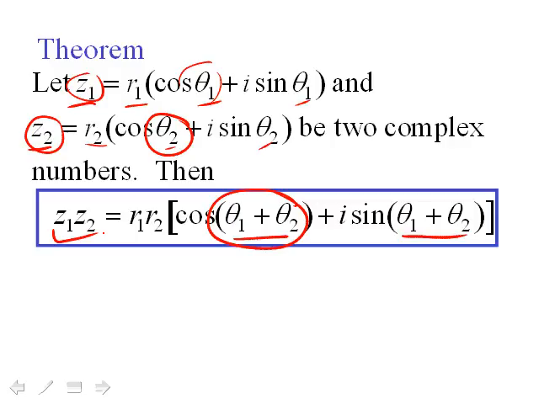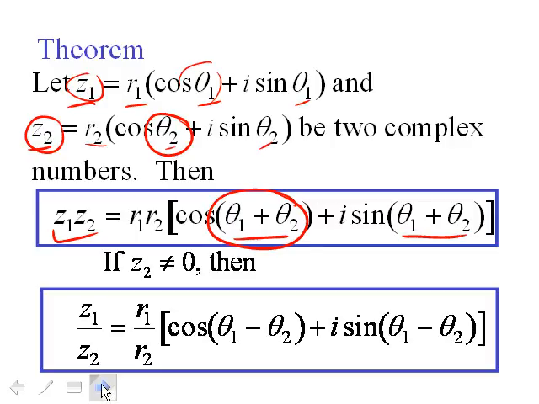So the trig with the complex multiplication gives that as the way of calculating a product of complex numbers. And it also has a version for division. If you multiply by multiplying the absolute values and adding the arguments, then you divide by dividing the magnitudes and subtracting the arguments.